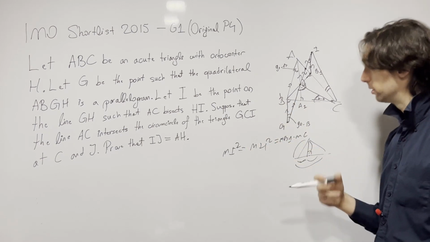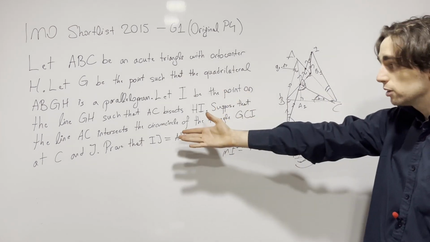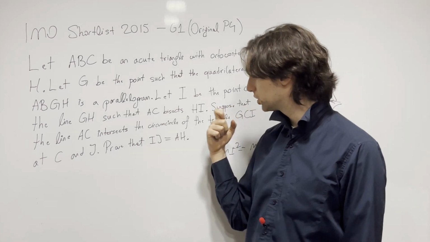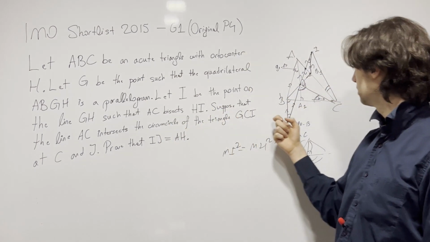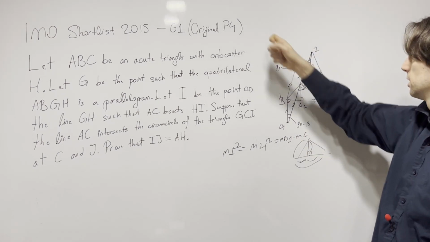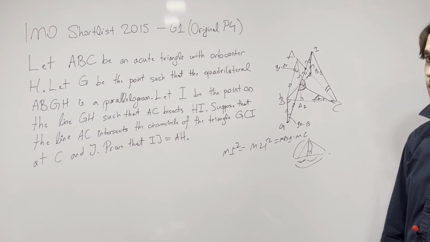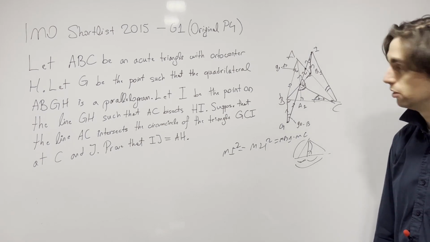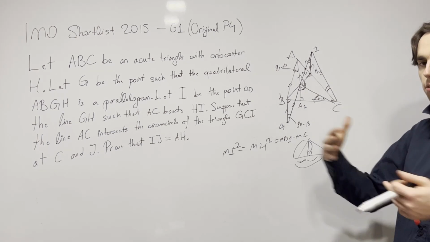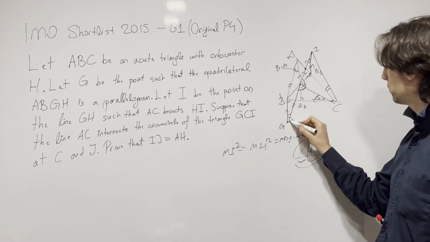And if you do feel comfortable, then you're still going to pause now, because you need to figure out stuff about this last point, the intersection of the circumcircle of the triangle GCI and AC, IJ somewhere there. And you need to prove that then IJ is equal to AH, which is what we came here to do, it seems. So here's where you should pause another 10, 15 minutes, push it further, see what you get. And let's see what we get.